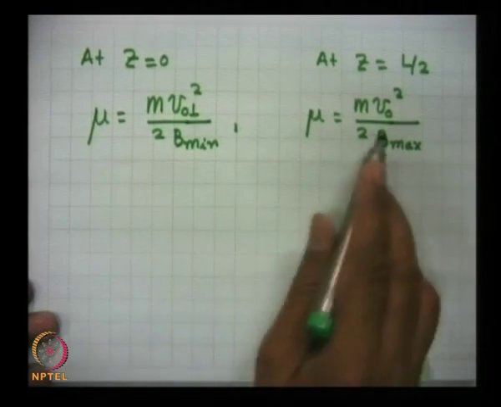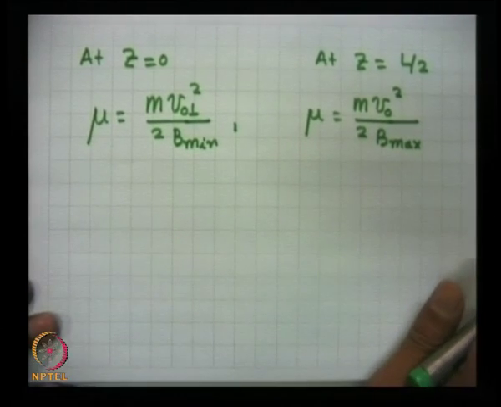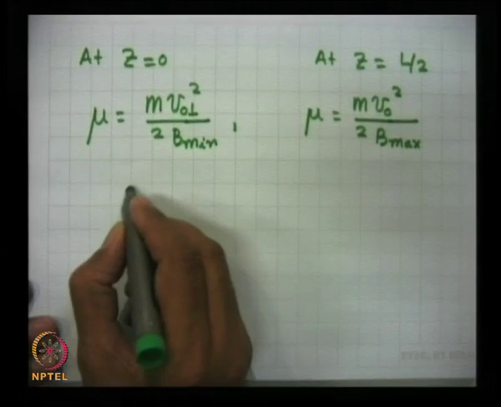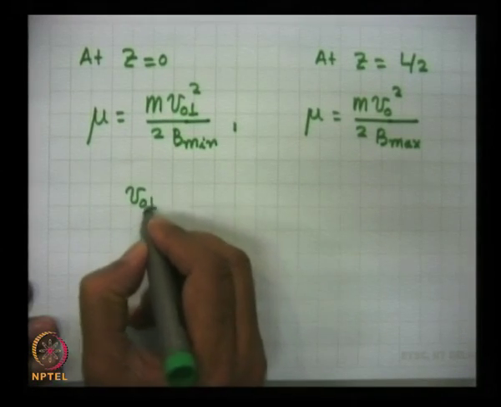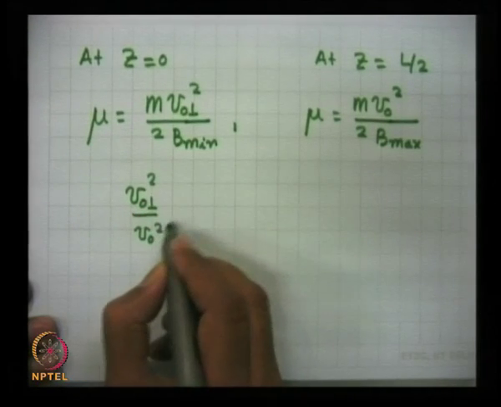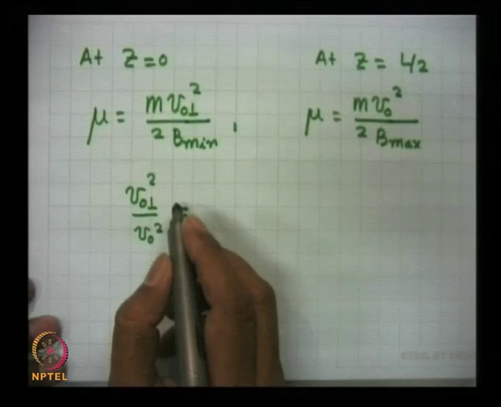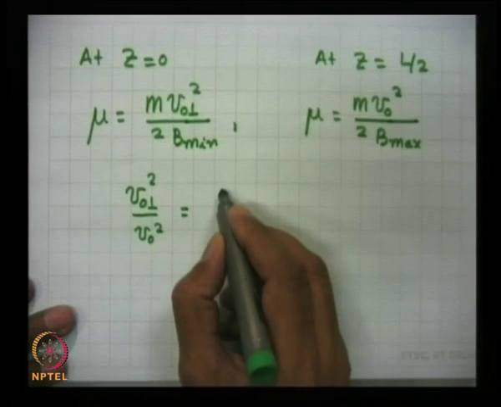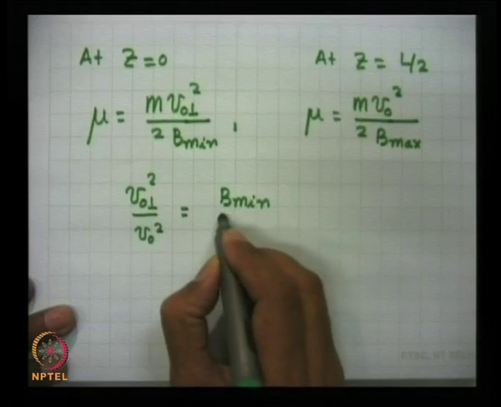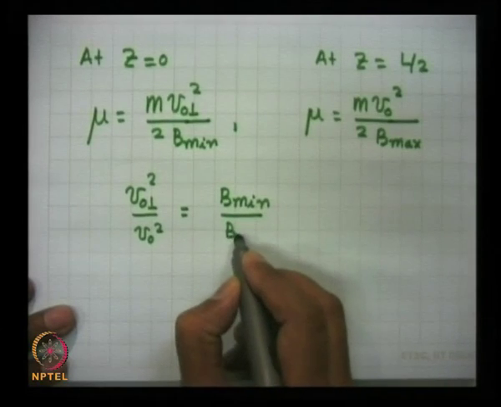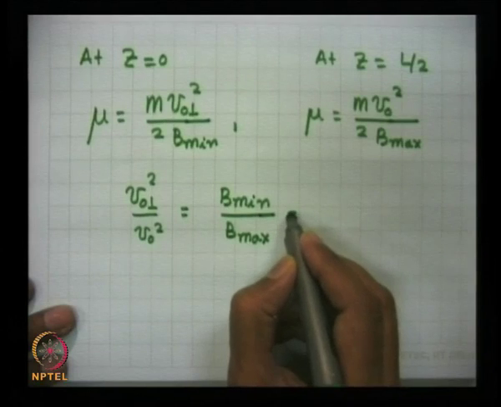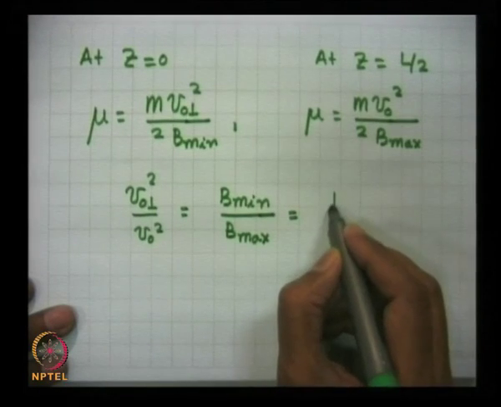If we equate these two, I get V0 perp square upon V0 square equal to B minimum upon B maximum, and this ratio we call the mirror ratio, so this is 1 upon mirror ratio.